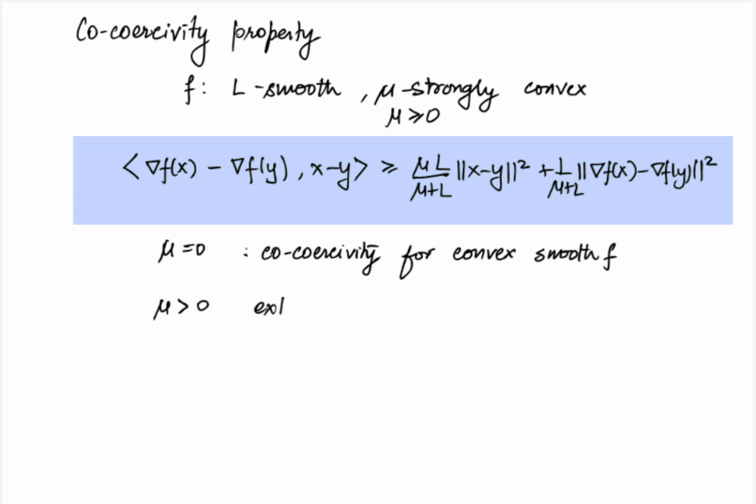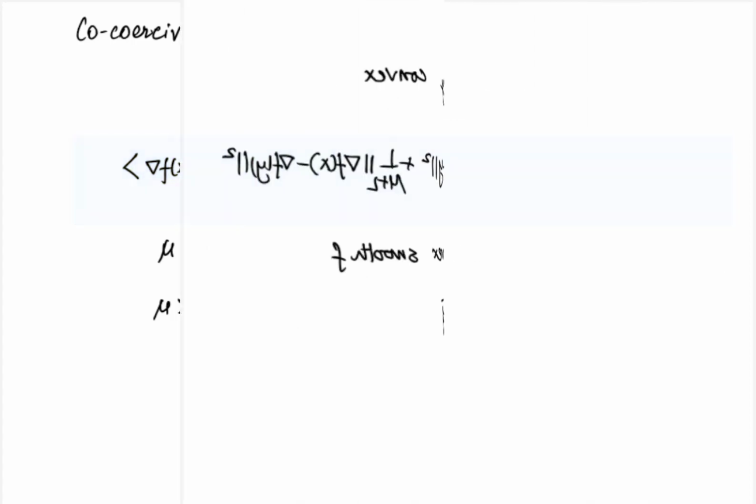When mu is strictly greater than 0, the general version is called the extended co-coercivity property for strongly convex functions. So that is all for the properties of strongly convex and smooth functions. Before concluding, we state the conjugate correspondence theorem without proof that links the strong convexity and smoothness of f and f star. So the conjugate correspondence theorem is as follows.